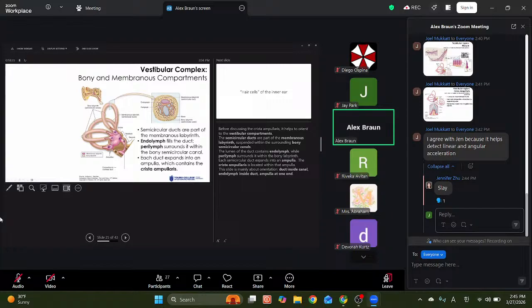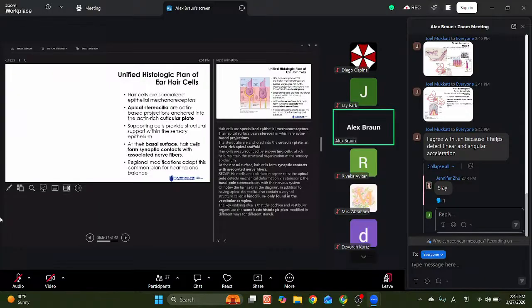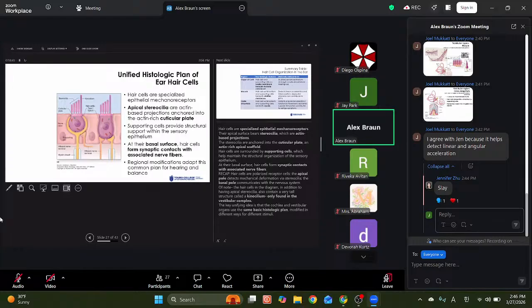Okay, we talked about this, so I don't think we're going to talk further about that. Hair cells of the inner ear basically act by a similar plan. As I said to you earlier, they are hair cells containing tall microvilli or stereocilia forming a hair bundle, which is graduated in height, going from low to high, kind of like a series of steps.